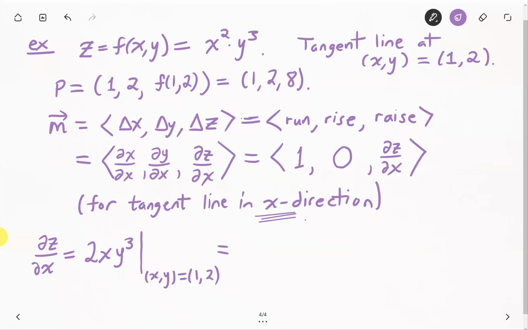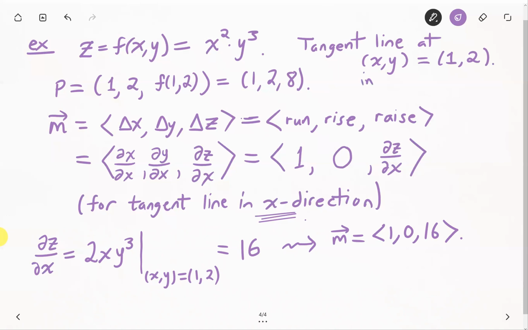Then I'll have 2 times 1 times 2 cubed. That's 16. And so dz dx is equal to 16, which means that our slope vector in the x direction at this particular point is 1, 0, 16.